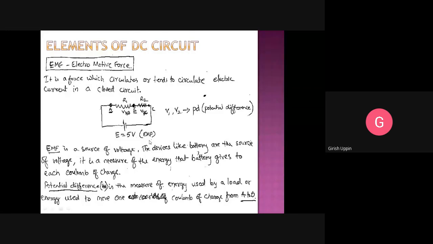Whenever you connect those in a circuit, if there is a closed path, they will make the current flow. The unit for electromotive force is also volt. And how much current flows depends on the voltage applied and the resistance.